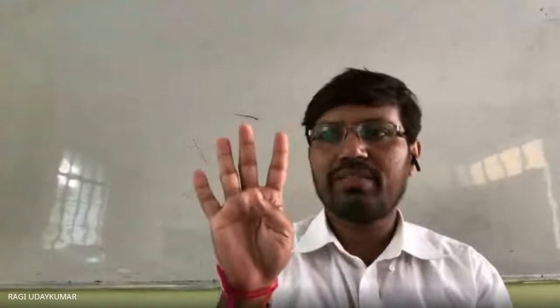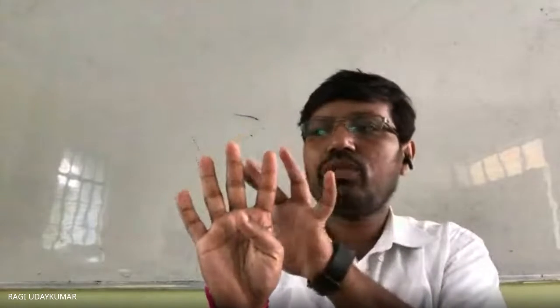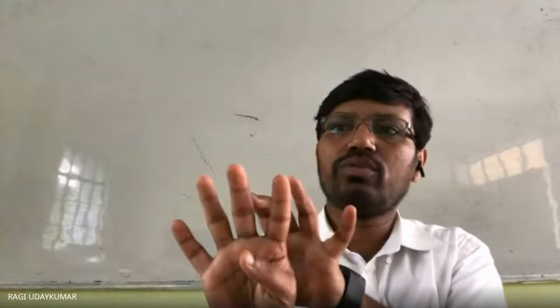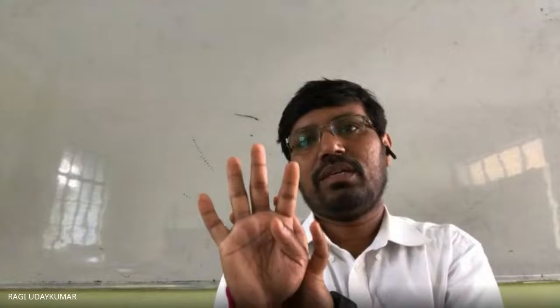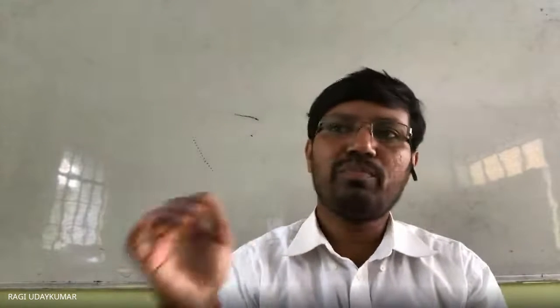Suppose 4 terms are given to you. 4 terms given means A1, A2, A3, A4. A2 minus A1 करना है, A3 minus A2 करना है, A4 minus A3 भी करना है. Then only you can say that it is an arithmetic progression. All you should get a same constant. Got my point? Yes, sir.